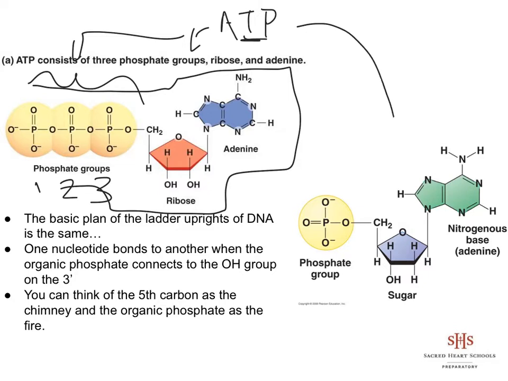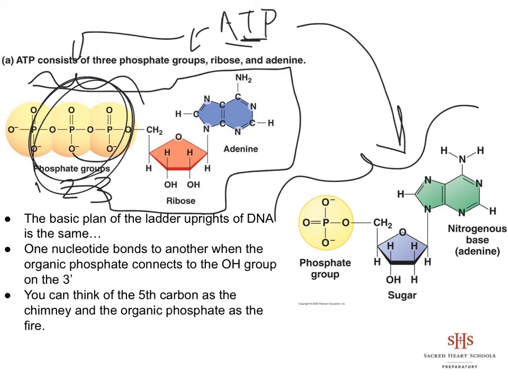This is what it looks like in the rung of the DNA ladder, but this is what it looks like as energy. So the good part about this is you're already learning some of these basic molecules, and the other good part about this is if we have time, it helps you understand how DNA gets the energy in order to be replicated.